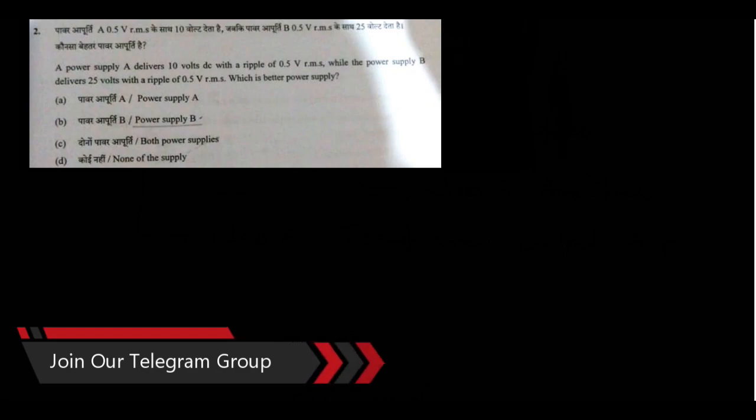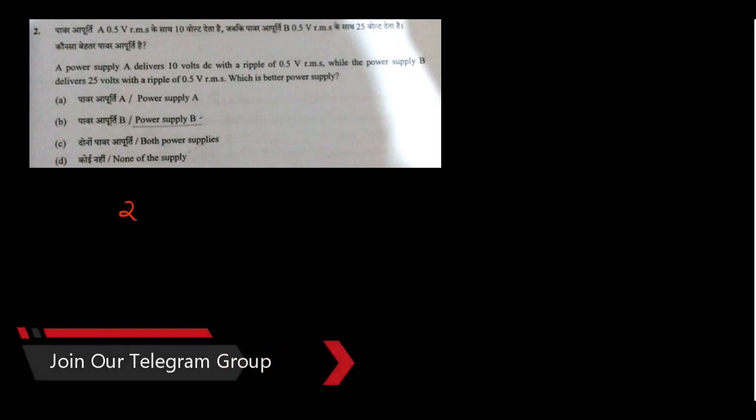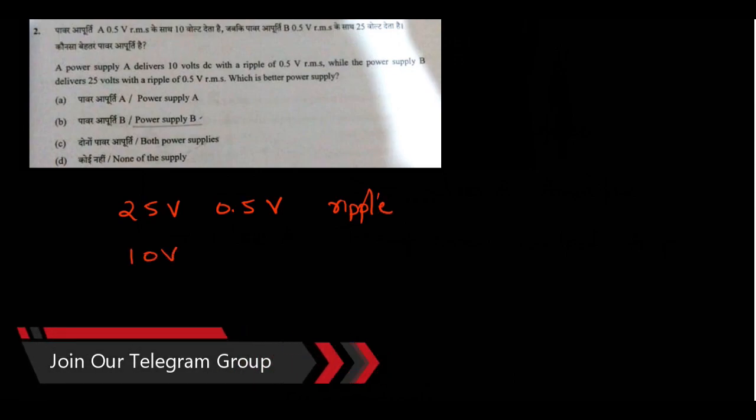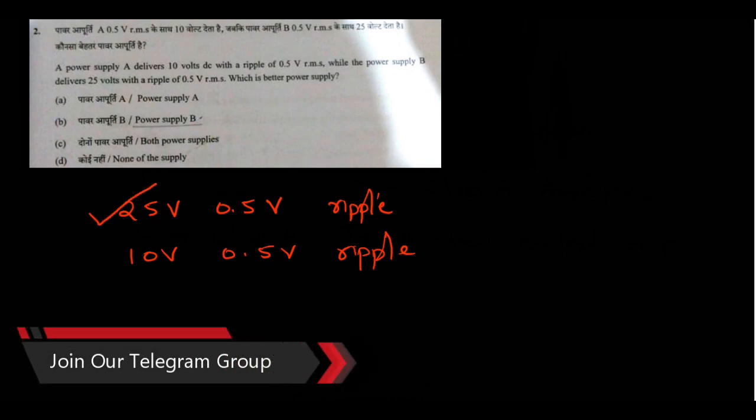See, one is giving 25 volt, 0.5 volt RMS ripple, and the other is giving 10 volt, 0.5 volt ripple. So, which is the better power supply? This first one, the 25 volt, 0.5 volt one is the better one.